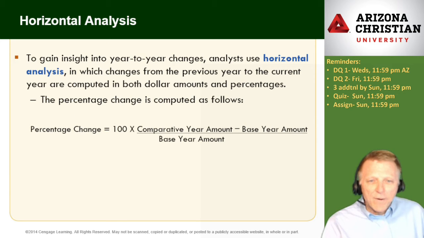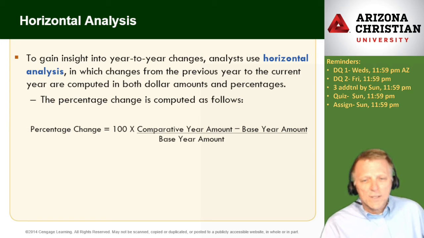To gain a better view of the changes in a particular metric over time, analysts use what's called a horizontal analysis. In this type of analysis, a metric is assessed over a weekly, monthly, quarterly, or even annual time period. The intent is to look for the ups and downs and then decide if action needs to be taken. So a business might do a horizontal analysis on free cash flow month to month to better understand what's happening and why.